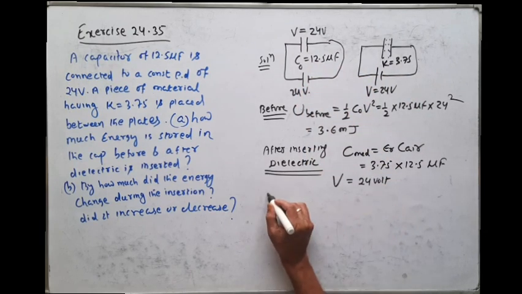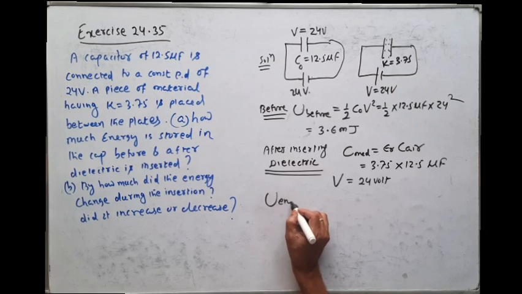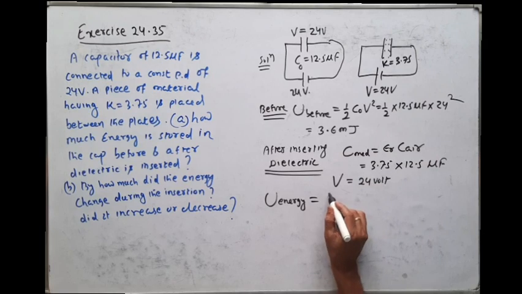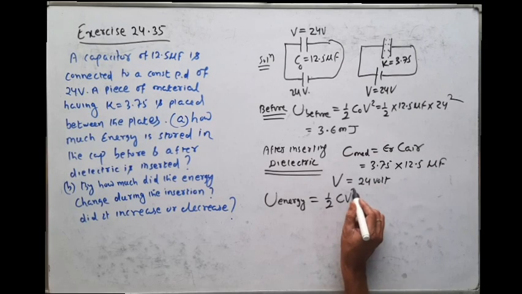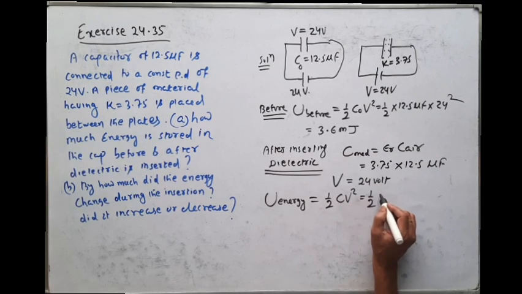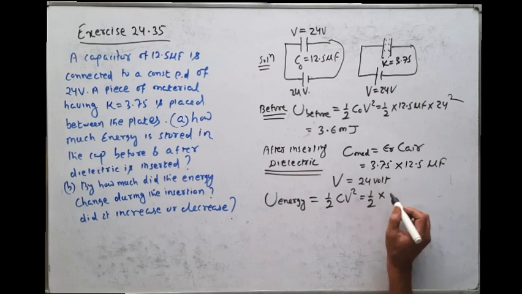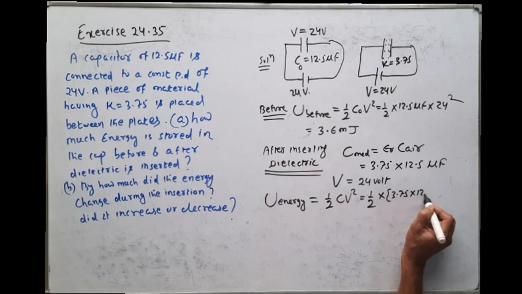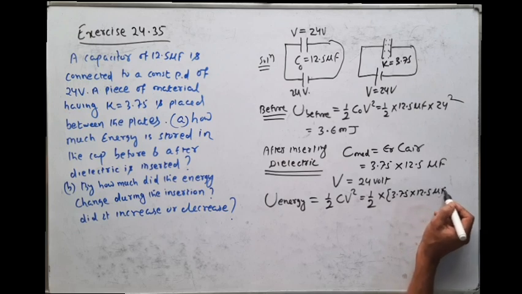So now what is the total energy stored after inserting the dielectric? So here half CV square. So half into C. C means it is already increased by what? 3.75 into 12.5 microfarad into voltage is same, 24 square.